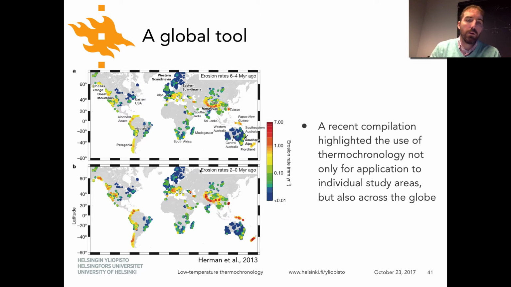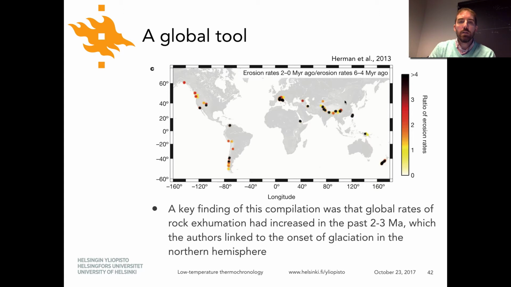Here, the point of doing the global compilation was to look at the differences in rates of erosion 4 to 6 million years ago compared to the last 2 million years. And what they ended up finding is that when you compare erosion rates 0 to 2 million years ago versus 4 to 6, the erosion rates in the last 2 million years have been something like 3 to 4 times faster than the average in a lot of places.